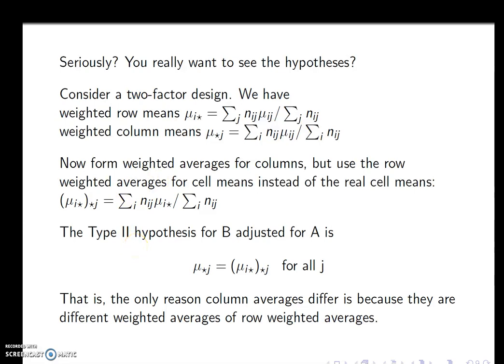So then our type 2 hypotheses for B adjusted for A would be the following, that whatever level of B indicated by this J right here, the second index, is going to be the same for all J, is going to be equivalent to this average of the cell means for all J. I should say that differently.